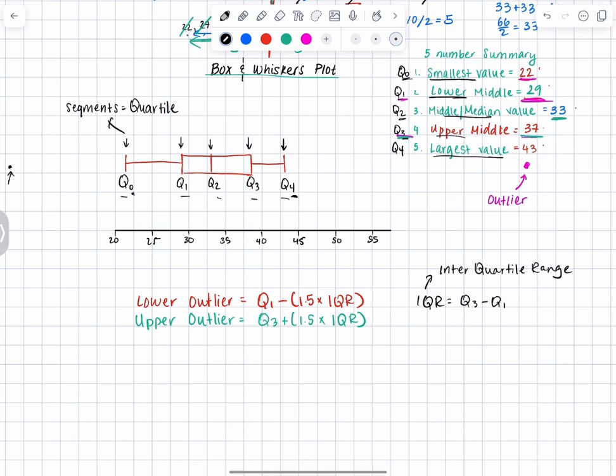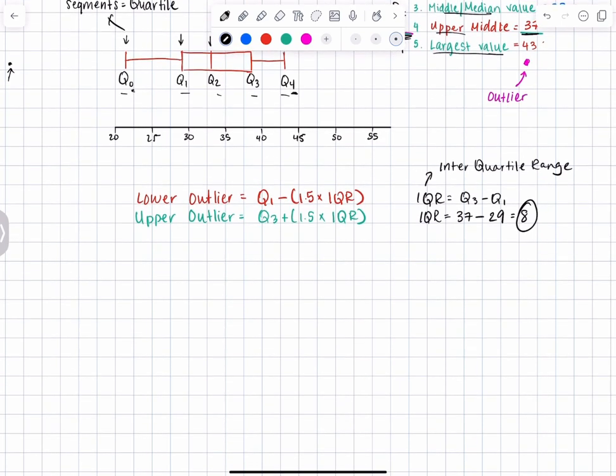So our Q3 value is 37. IQR equals 37 minus our Q1 value, which is 29. So 37 minus 29 equals 8. So our IQR value is the number 8.